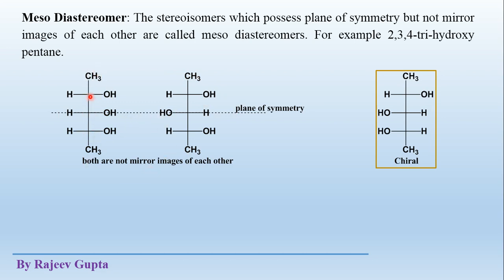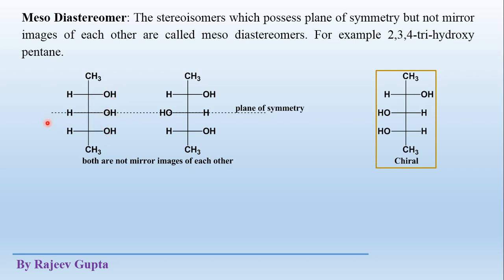See this example: 2, 3, 4 trihydroxypentane. Okay, 2, 3, 4 trihydroxypentane. In this Fischer projection, all the three hydroxy groups are situated on the same side.